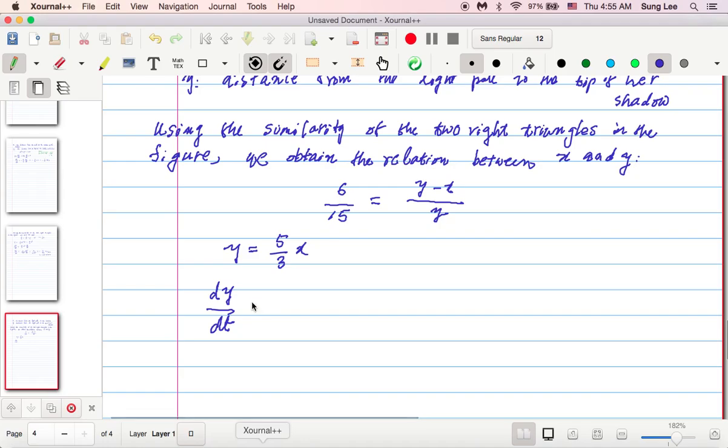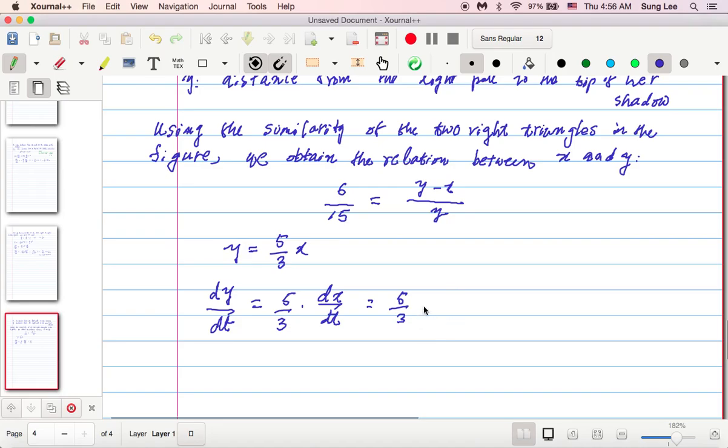By differentiating this, we have dy/dt equals 5/3 times dx/dt, right?